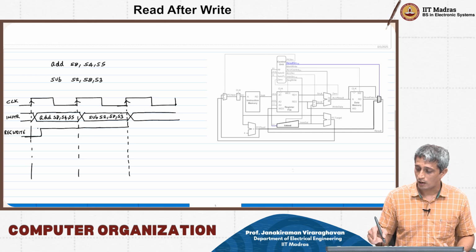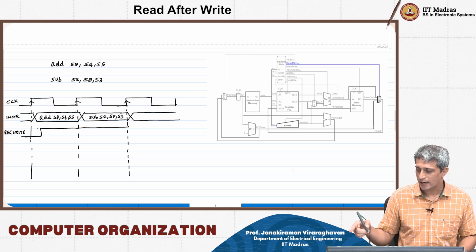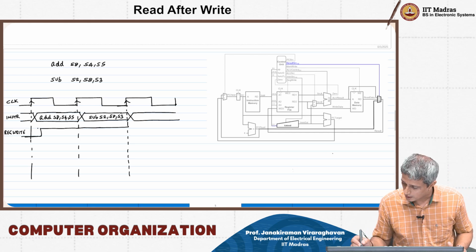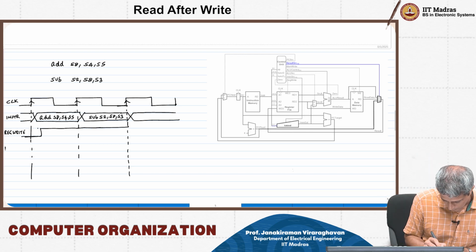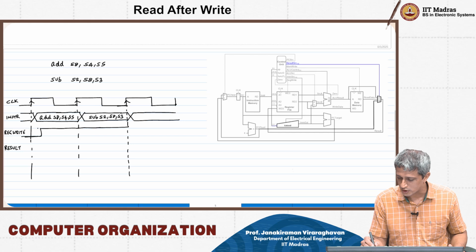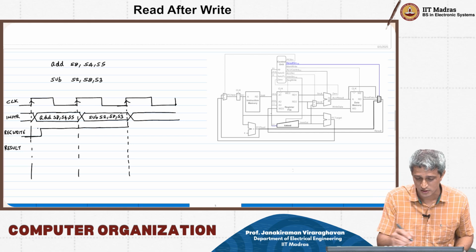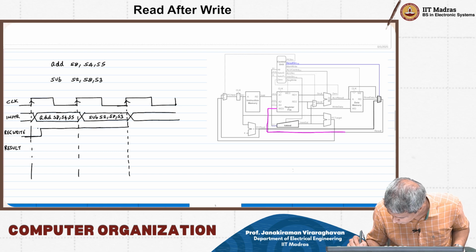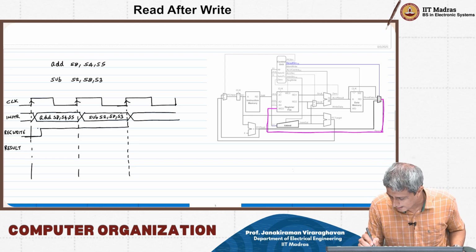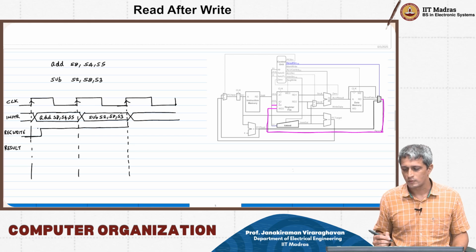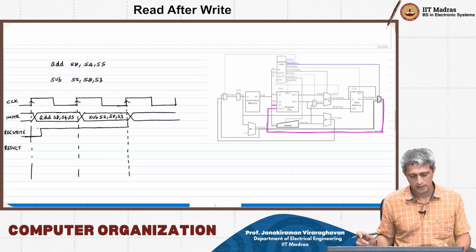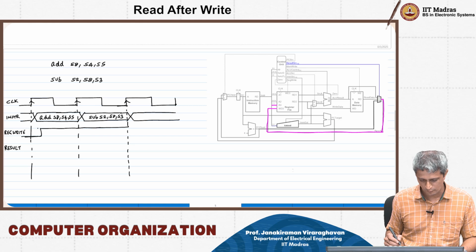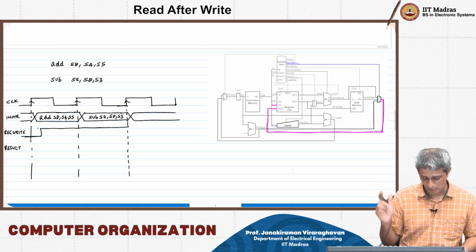Then your ALU result. So let's just again focus on the signals coming back to the register file. So this is going to be my result, and A3 is going to be my destination register. That's coming from the instruction itself, so that is available right in the beginning.